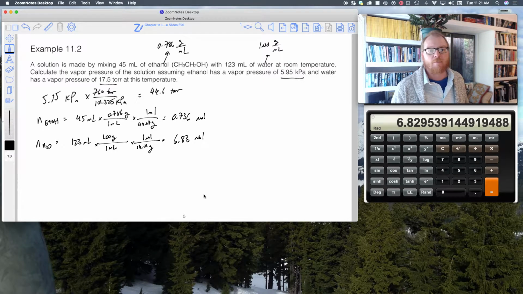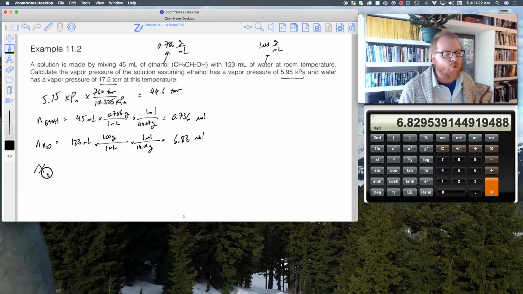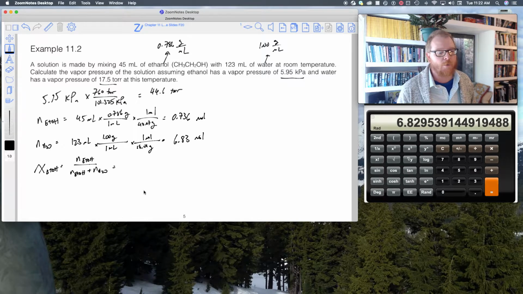So now that's 6.83 moles of water. And so now I can say my mole fraction of ethanol is going to be the number of moles of ethanol divided by the number of moles of water plus the number of moles of ethanol. So I'll write that out. I'll say n EtOH divided by n EtOH plus n H2O.